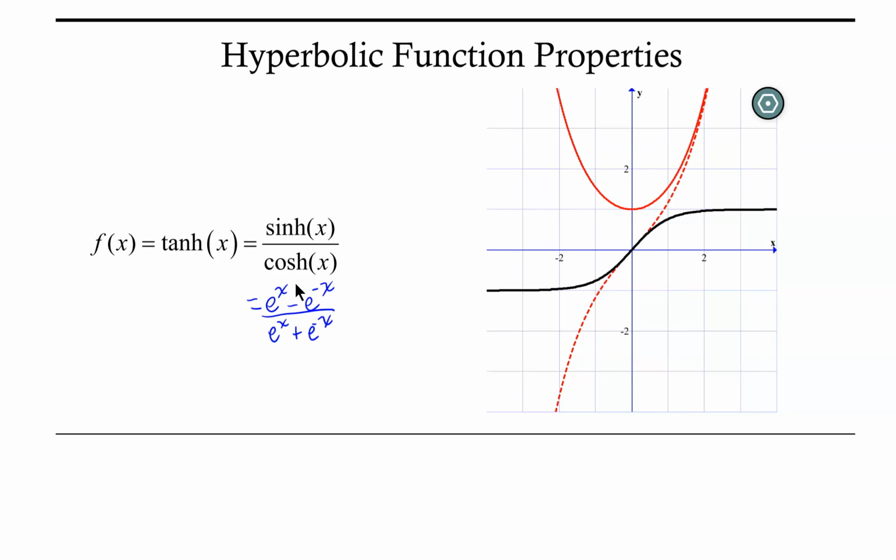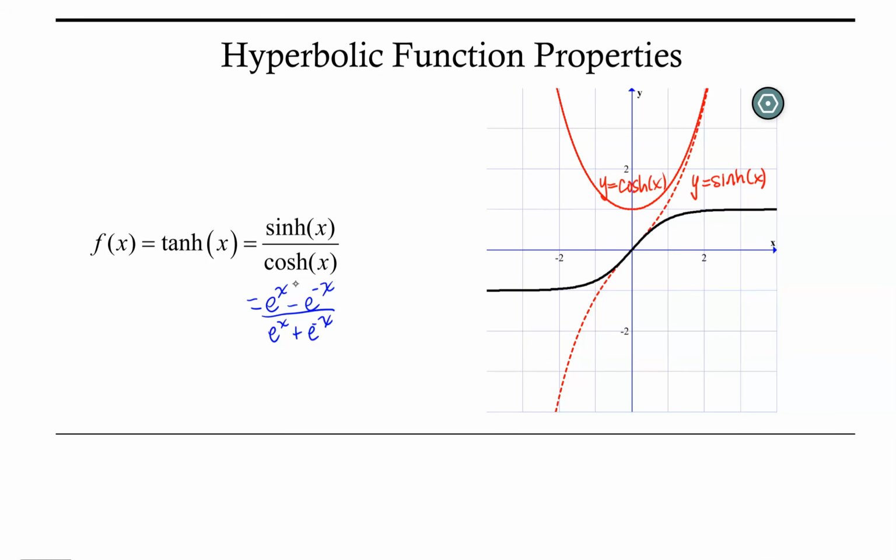Now we have graphs for both of those over here in red. So the curve that resembles a parabola but is not a parabola is the cosh function. And the curve that resembles a cubic function but is not a cubic function is the sinh function. And so tanh is the ratio of those two.